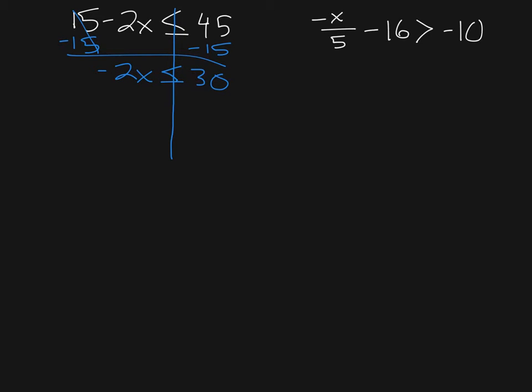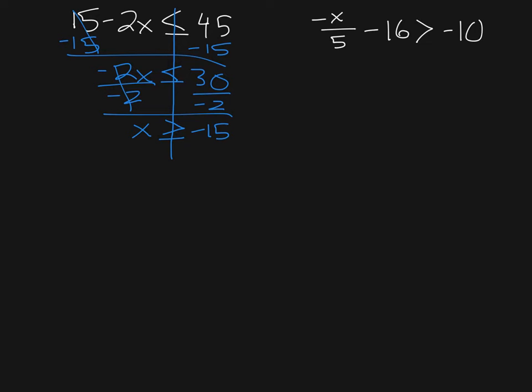Now, I'm still going to do my next step that I would normally do if this were an equation. Divide by negative 2. But remember in class, we saw that if we divide or multiply both sides of an inequality by a negative number, we have to switch the inequality sign so that it points in the other direction.